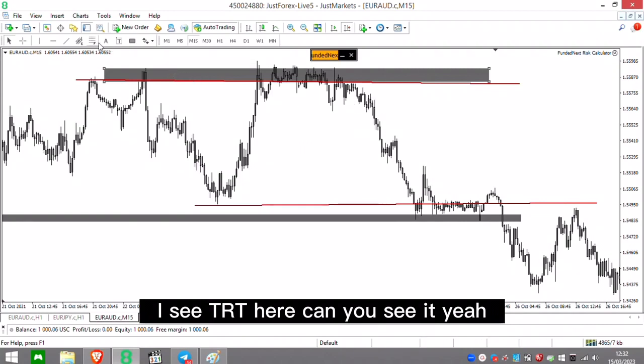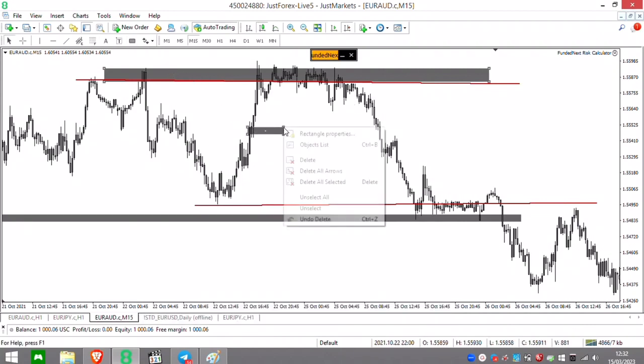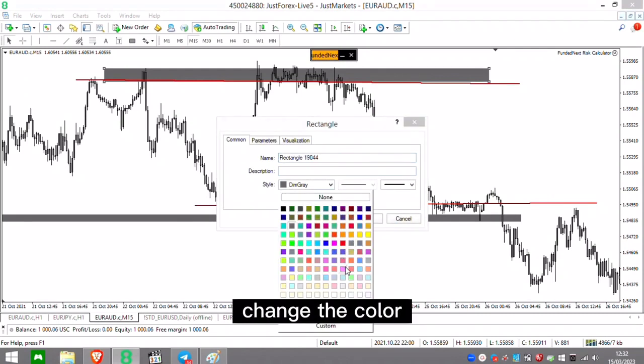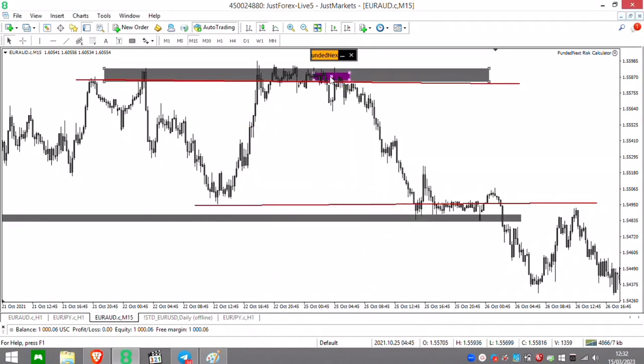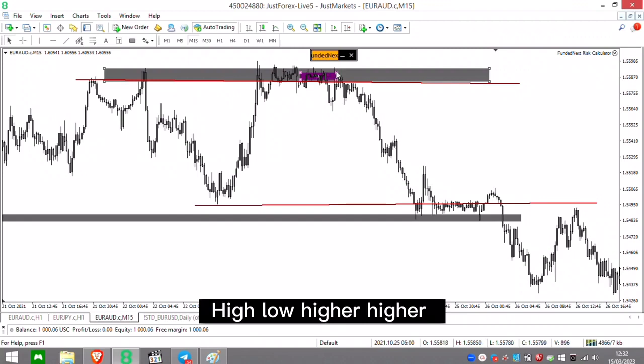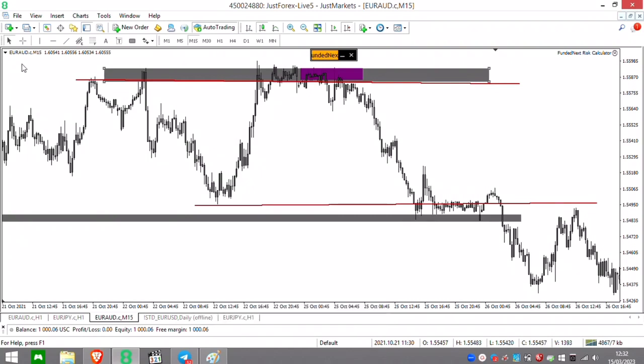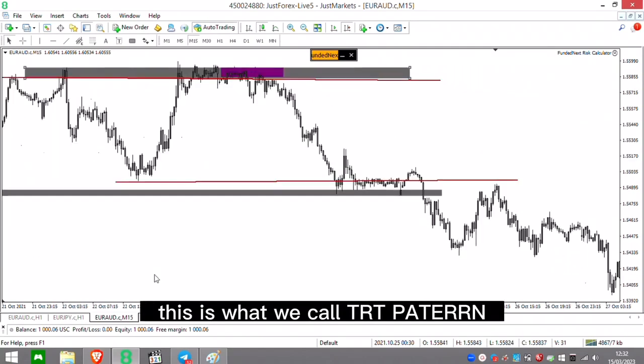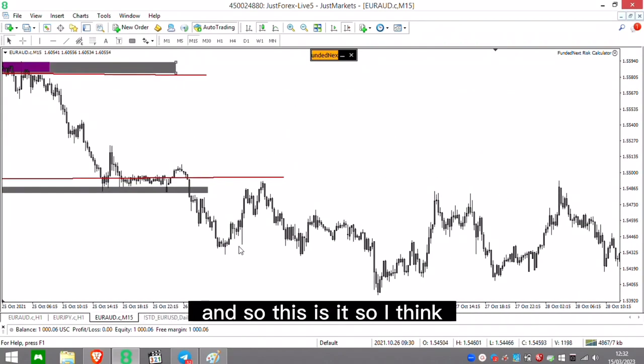Can you see it? Here. Change the color. High, low, high, high. Yeah, here. Tap entry. Boom. Smooth operation, baby. Alright. This is what we call TRT pattern.